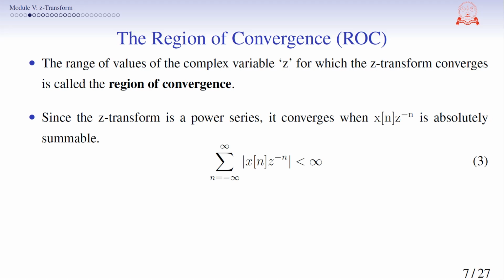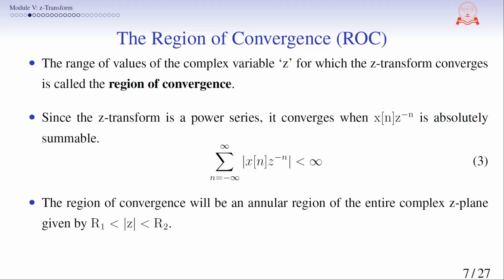Since the Z transform is a power series, it converges when x of n into z raised to minus n is absolutely summable. That is, summation n is equal to minus infinity to plus infinity, modulus value of x of n into z raised to minus n less than infinity.